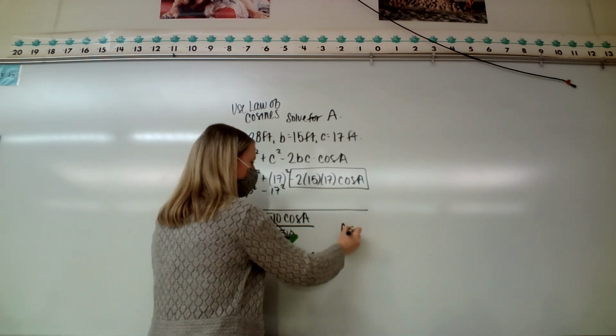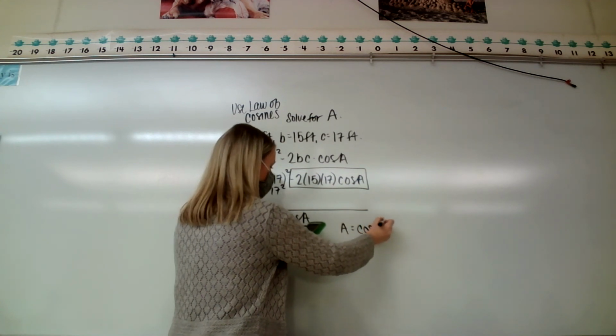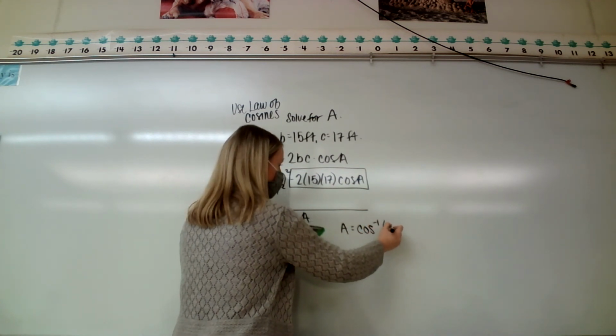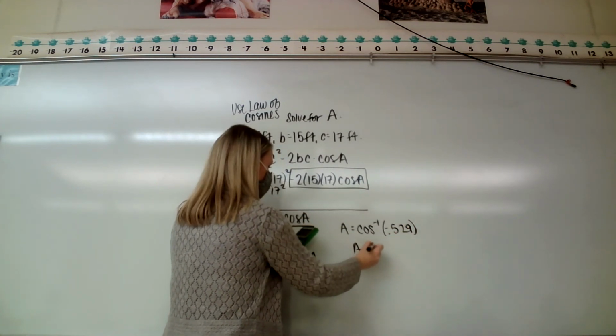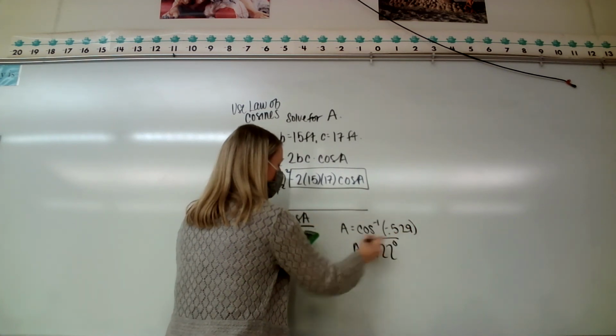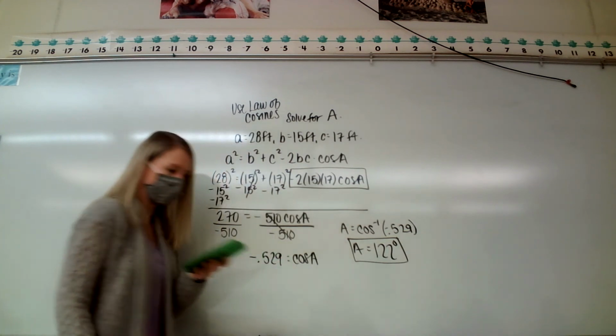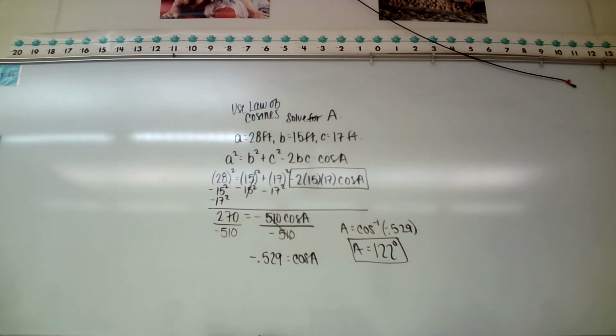And then to find A, we're going to do the inverse cosine of negative 0.529. And your final answer should be, I'm going to say 122 degrees. I'm rounding it, but if you rounded it a little differently, I'm happy. I always give you credit if your rounding's off a little bit.